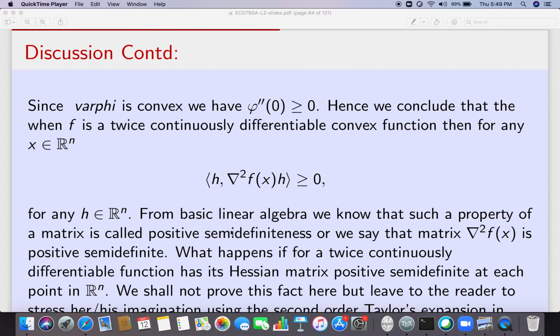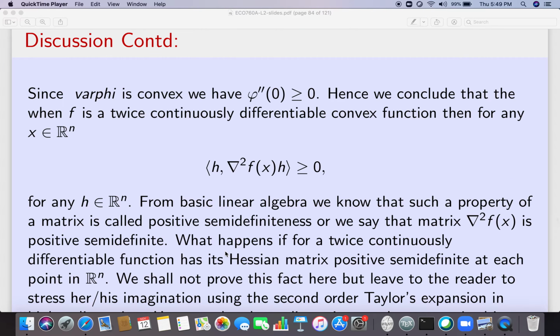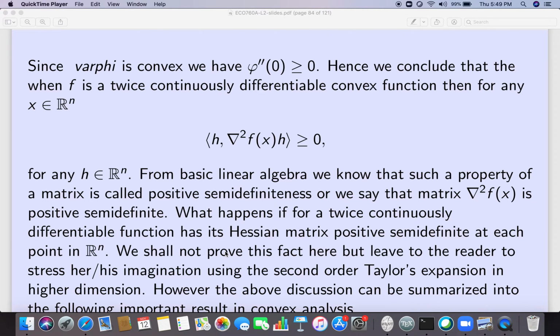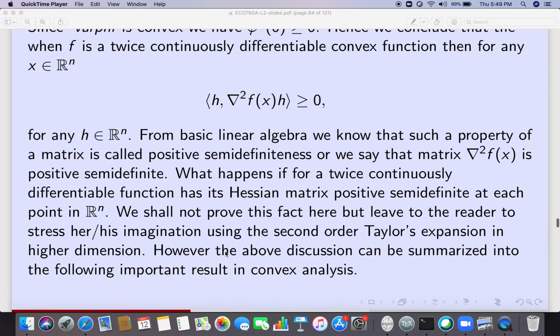Which means that this is the property of semi-definiteness. Whenever a twice continuously differentiable function is convex, at every point the Hessian matrix is a positive semi-definite matrix.